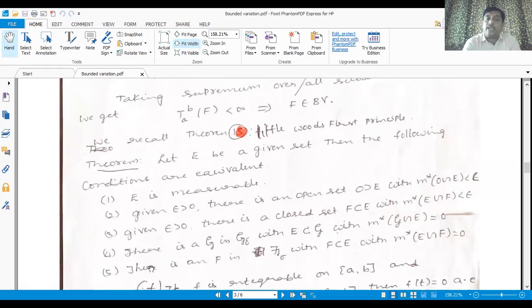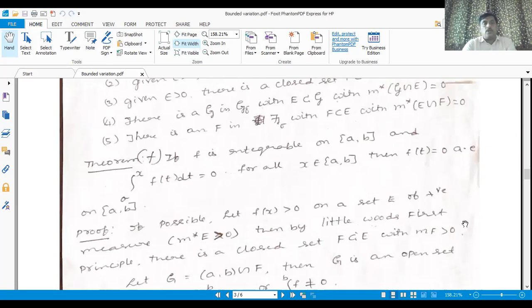In exactly a similar way, there is an F in F sigma, which are Borel sets, with F contained in E with outer measure of E minus F equal to 0.